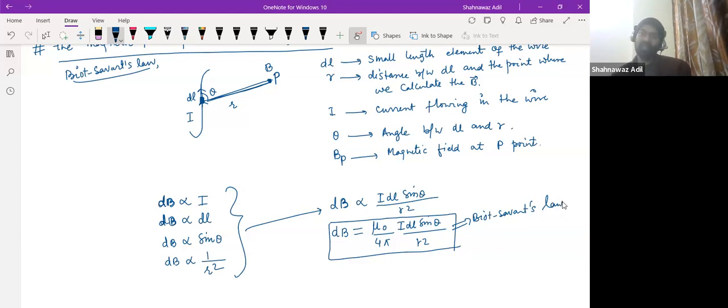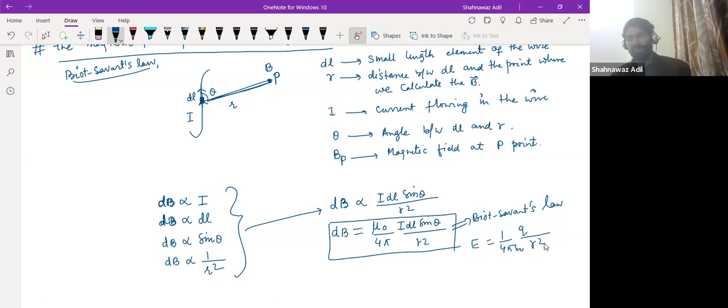If we compare it with the electric charge, we take the analogy. Do you remember what the electric field was? That was 1 by 4 pi epsilon naught times q by r square.